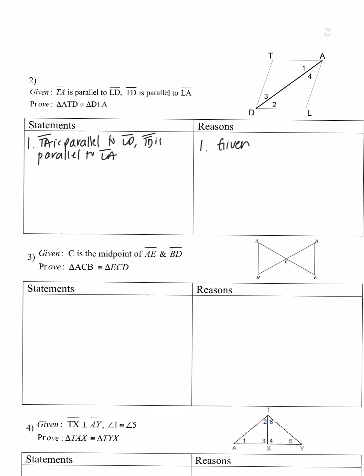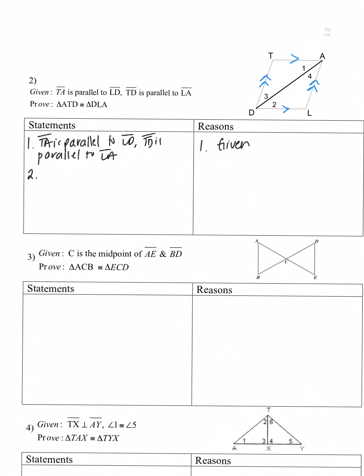Okay, I'm going to go mark my triangle with this given information now. TA is parallel to LD, and TD is parallel to LA. Okay, given information is marked. Now I'm going to state any information that I may know based off of the 3 things I can look for.